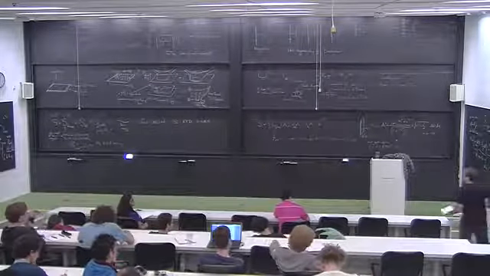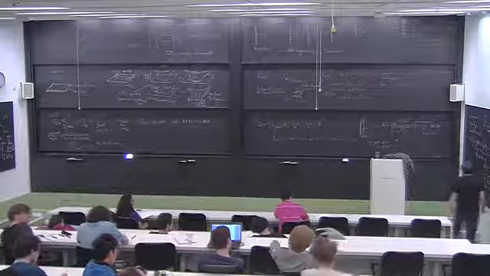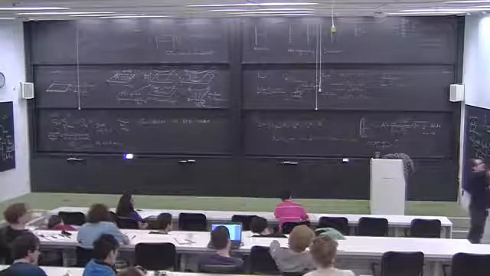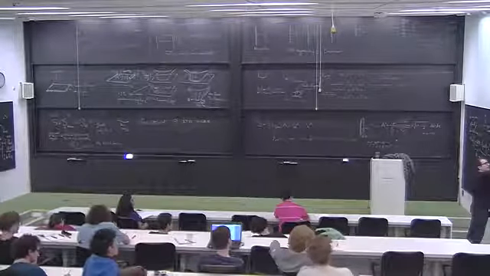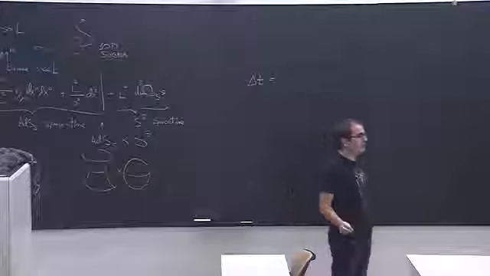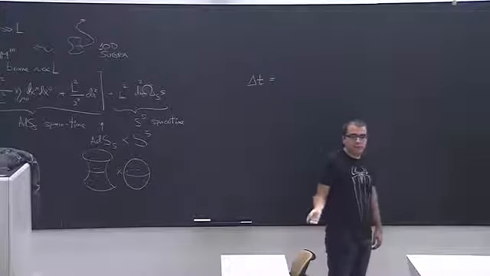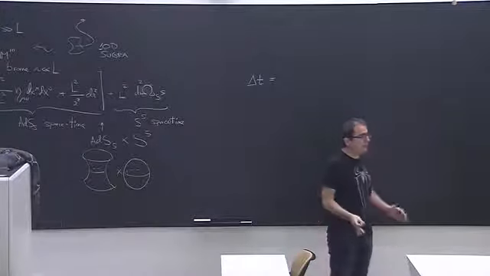So the basic idea is the following. What is the time measured by, what is delta t? T is a coordinate. What is delta t? Delta t is the time. But time, we know in coordinates means nothing. So we have to be careful.